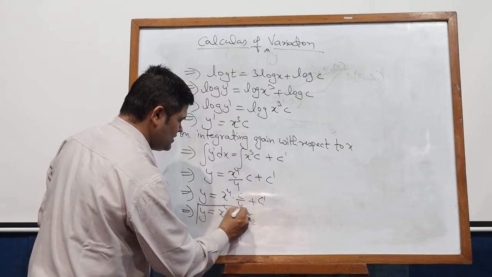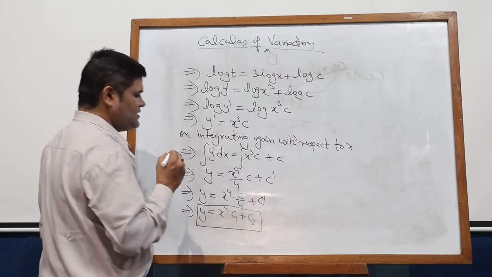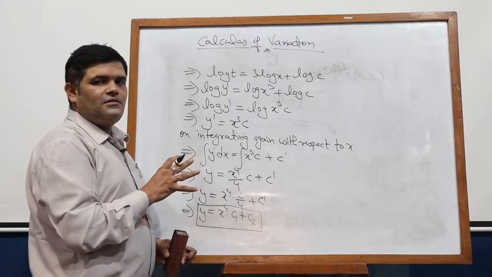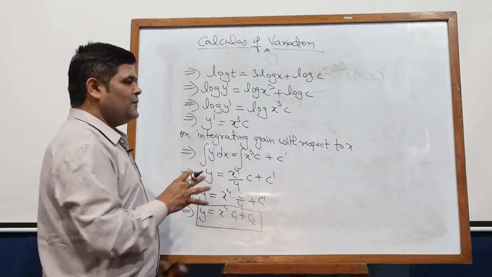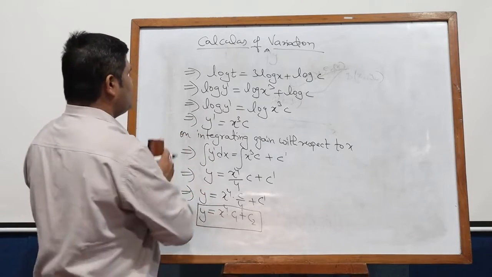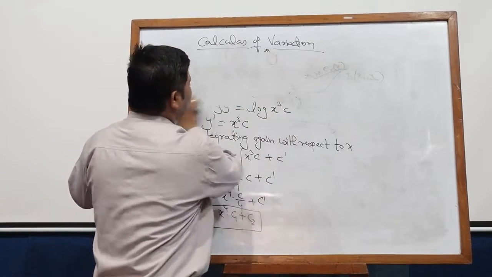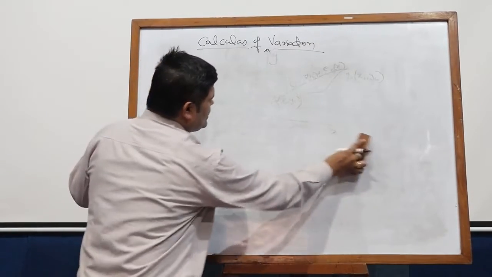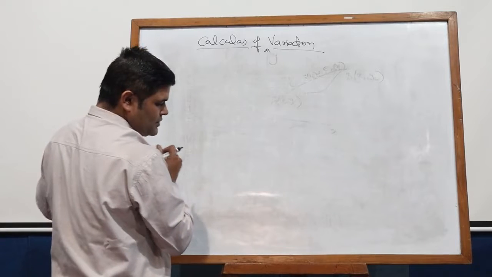So this is the equation which reduces the given function into an extremum form. This is the example, and we have some more forms of Euler's equation. I will just give you some knowledge about that.